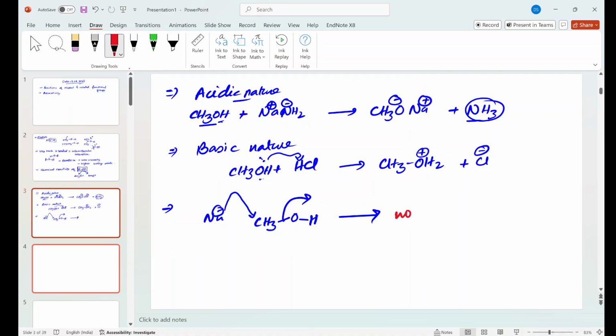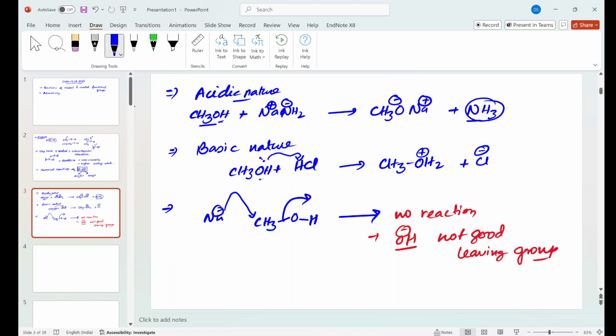This will be no reaction, because OH minus is not a good leaving group, right? So what we need to do in this case is convert it to a certain species that is more ready to leave, a better leaving group.